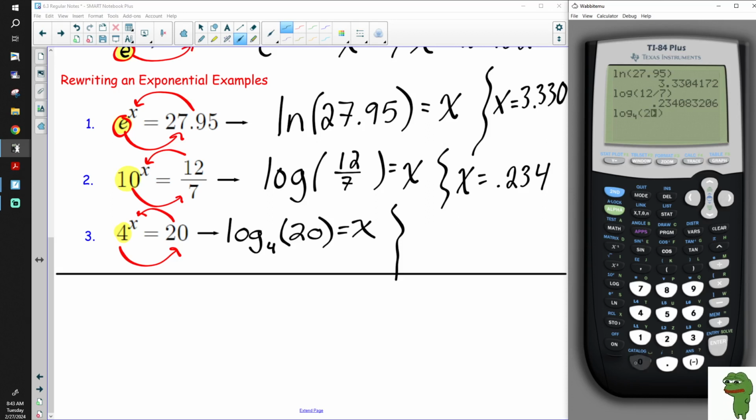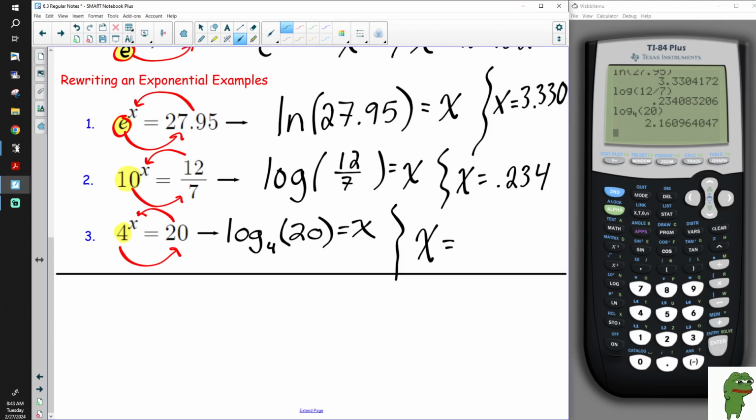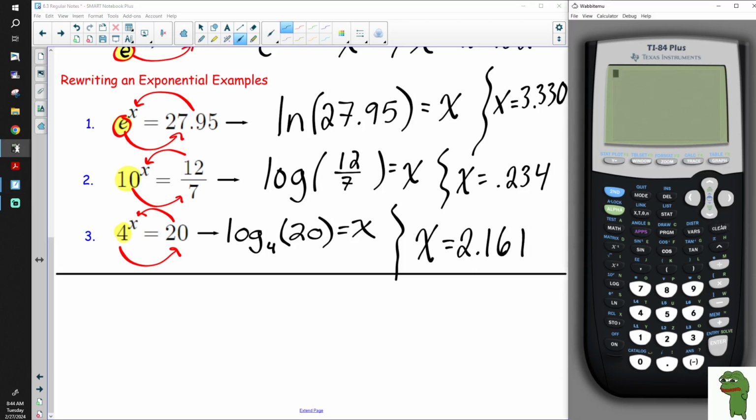So I put 20 in my log. And this is going to figure out what exponent I need to turn a 4 into a 20. Click enter, and I get 2.161.